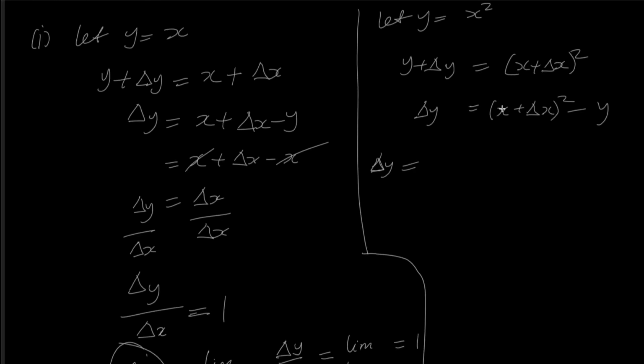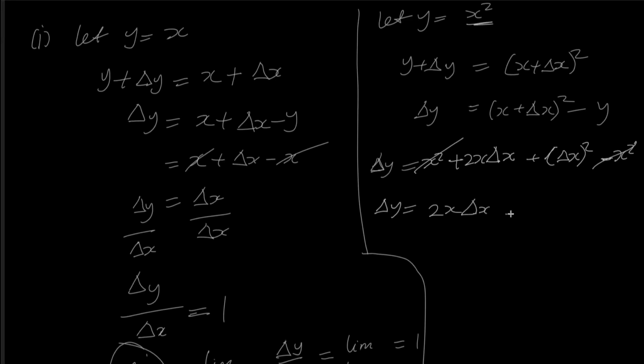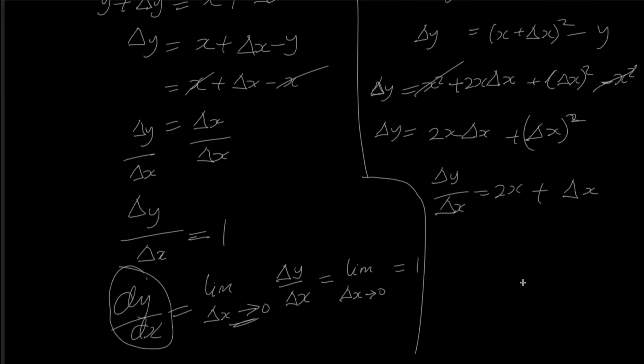Okay, now let's see. You are okay to this point from the first principle. If we expand this now, we're going to have x squared plus 2x delta x plus delta x squared minus y, and y is x squared. Then if we strike this and this out, we can boldly say this equals 2x delta x plus delta x squared. Then we divide both sides by delta x, and this will go, remaining this. So now to get dy/dx, which is the first principle derivative, delta x needs to approach 0.